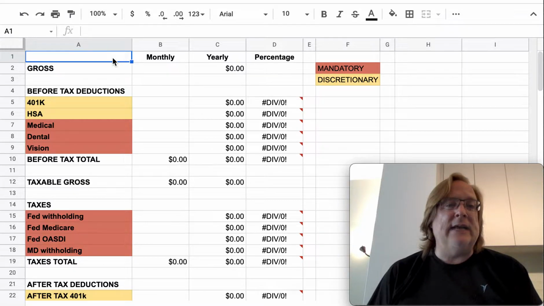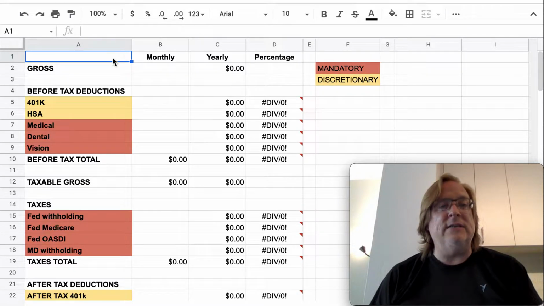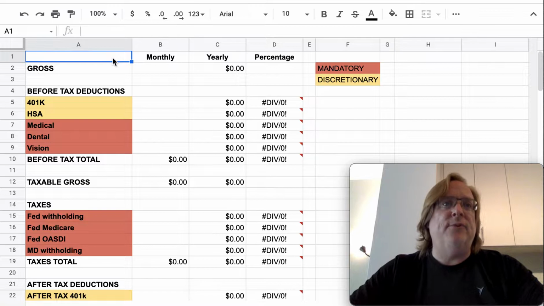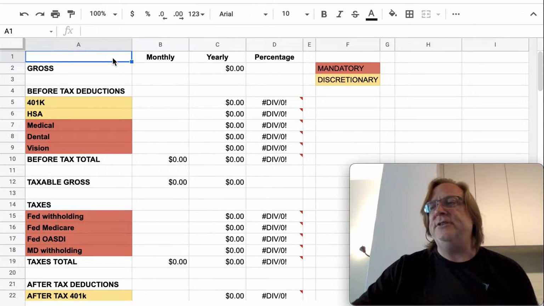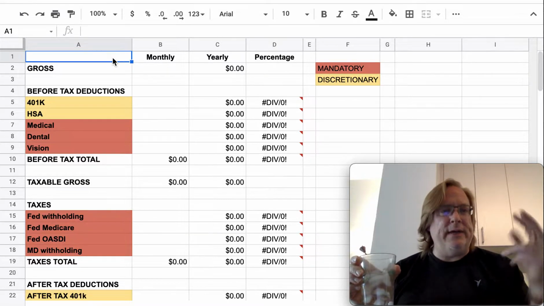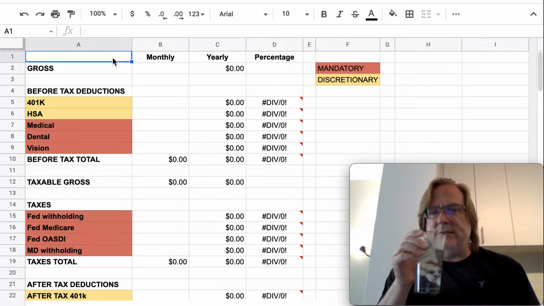But for me, I decided that things like medical, dental, and vision insurance coverage were mandatory, and that ultimately 401k and HSA contributions were discretionary. Now, they're necessary, mandatory for retirement savings and certainly for aiming at financial independence. But at the end of the day, between those five things, they're discretionary.